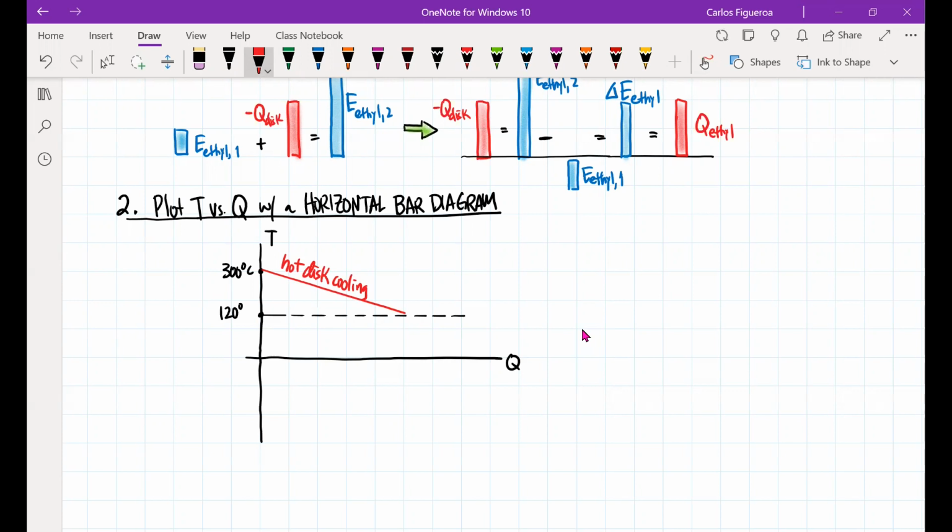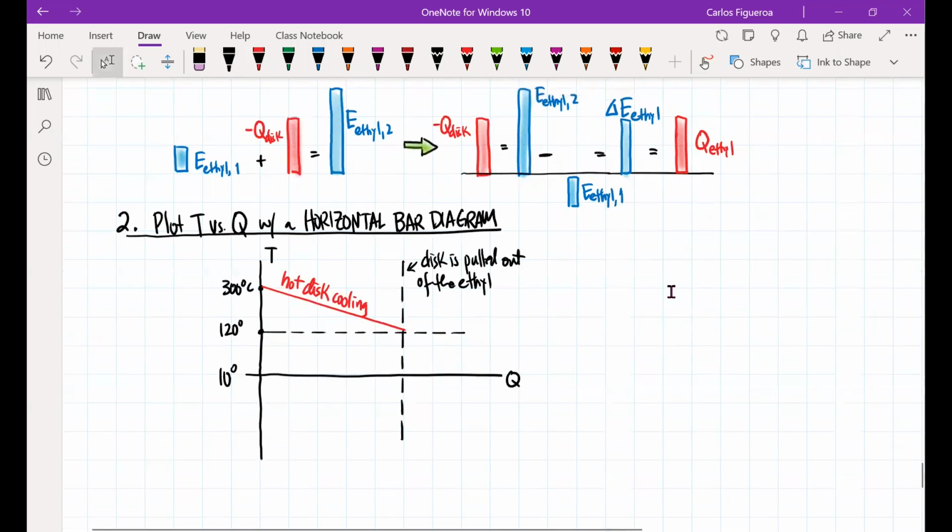So now let's look at this one here. This thing right here is my 10 degrees C. Now note that this is not to scale, of course. So this line here represents when you pull the disk out, right? So this is when the disk is pulled out of the ethyl alcohol.